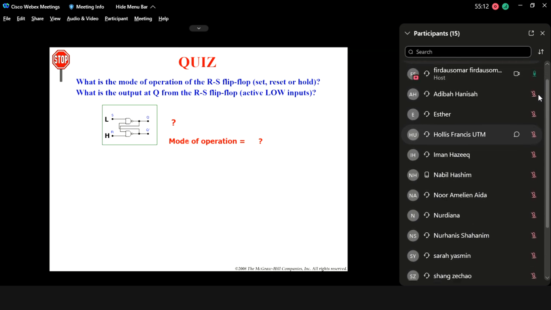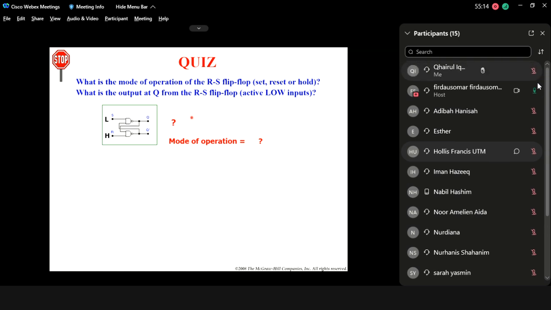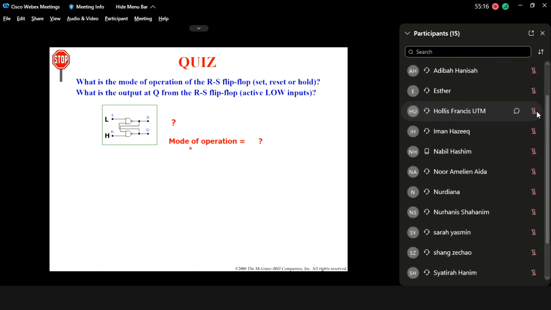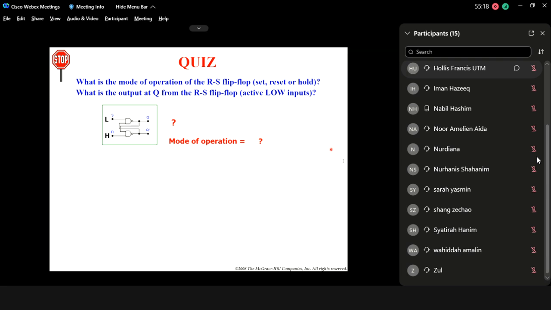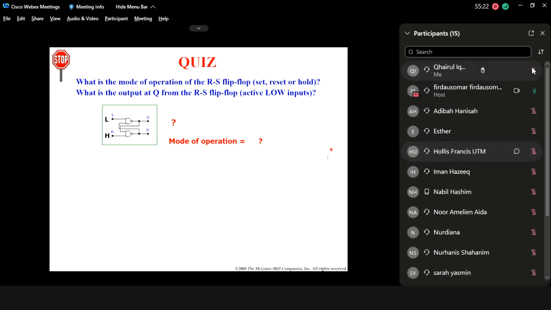So the output Q will be high and the operation, what is the operation, Shang? So the operation is set. So the output is high. Just look for the Q, because we know the Q prime will be the opposite.